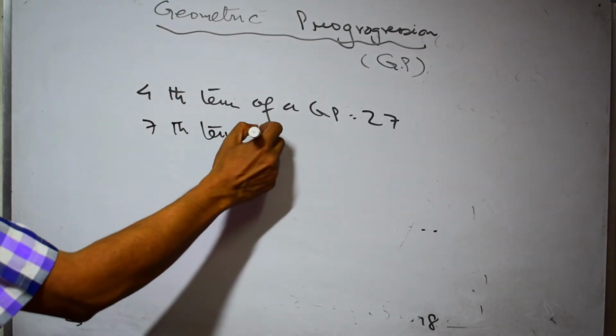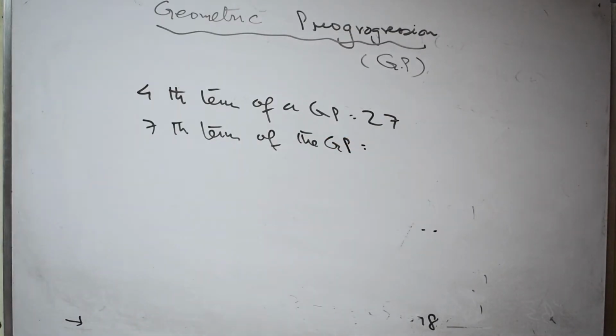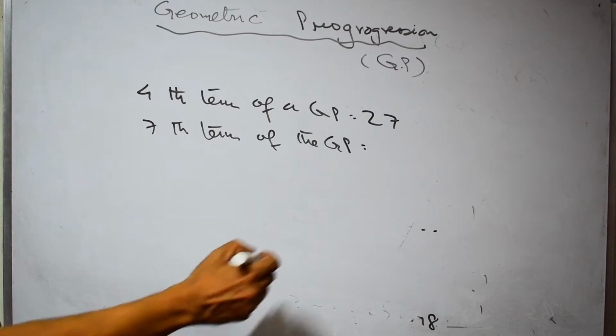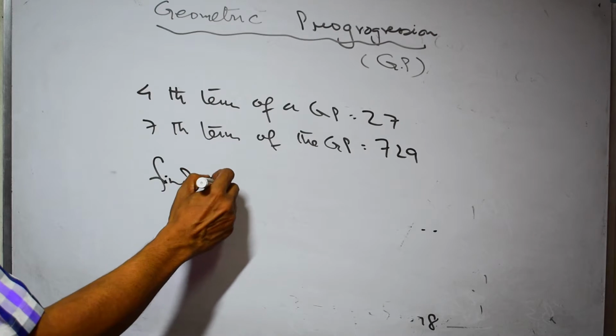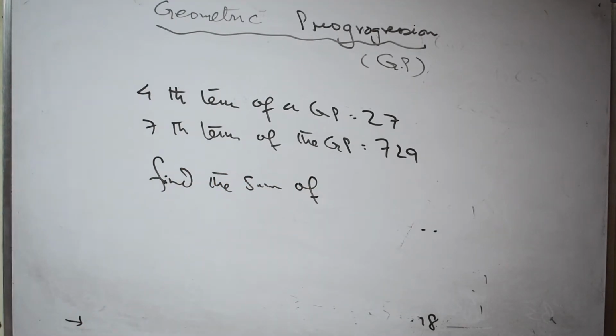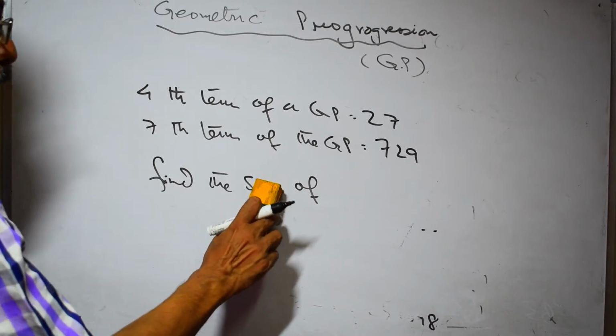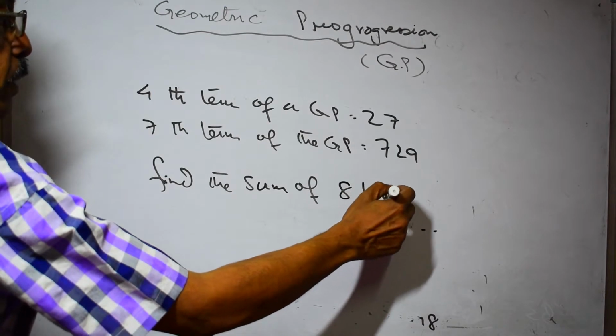Seventh term of the GP is given as 729, and the question is find the sum of, that means total, we want to find 8 terms. Find the sum of 8 terms of the GP.